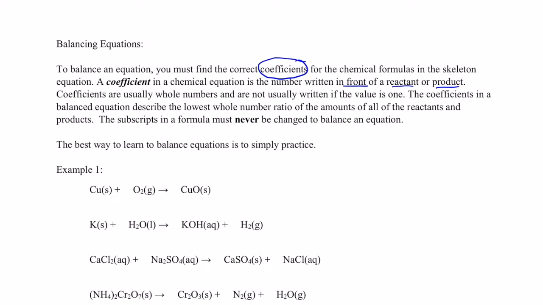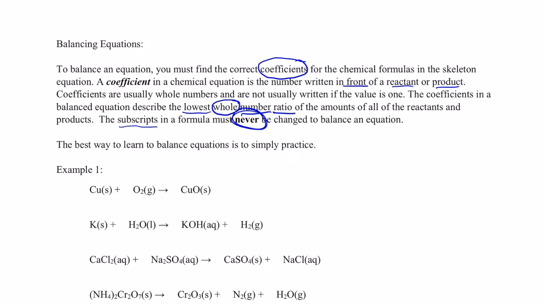So we leave them off if the coefficient is 1. The coefficients in a balanced equation describe the lowest whole number ratio of the amounts of all the reactants and products. Please remember, never change the subscript. There are subscripts in the formulas of a compound, and those are never ever changed to balance the equation.